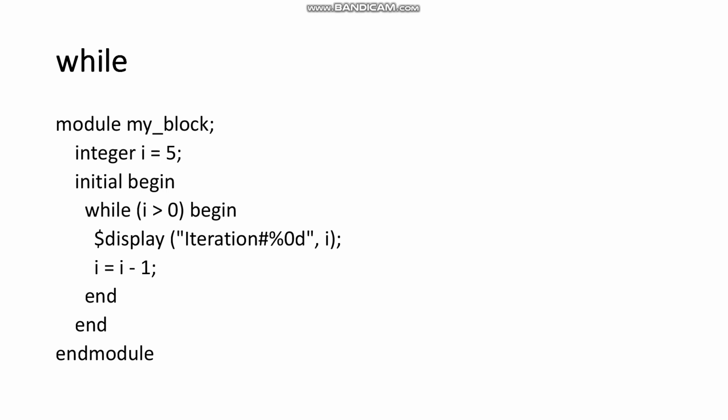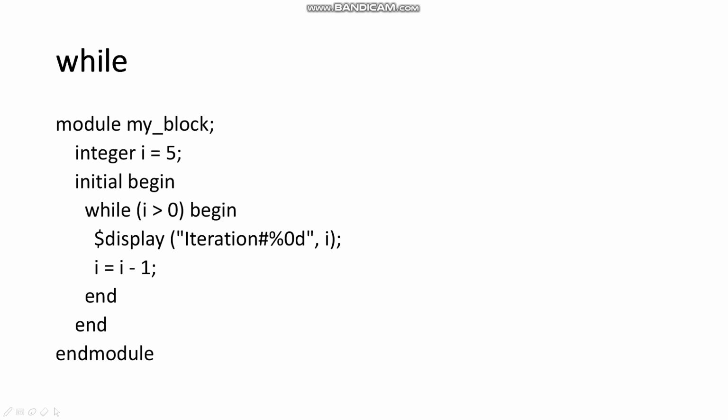Next, the while loop. This is also one of the important loops while implementing any programming language. I am writing directly here, because we know the syntax of the while loop very well: while expression, that is the condition, and if the condition is true I am going to execute the statements.